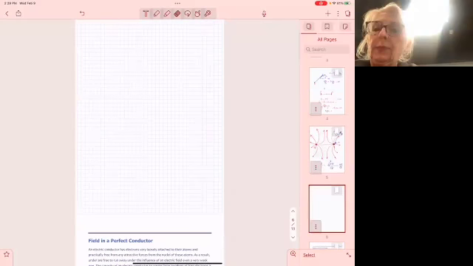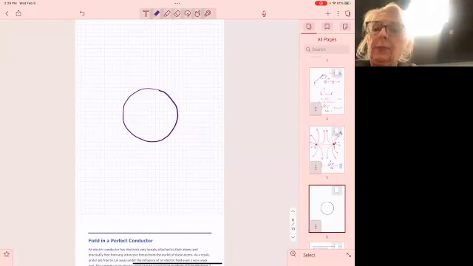So let's assume that I have a perfect conductor, and this perfect conductor is like a sphere. And that sphere is in equilibrium. Nothing excites around it. There are no charges anywhere. It just sits there, electrically neutral.